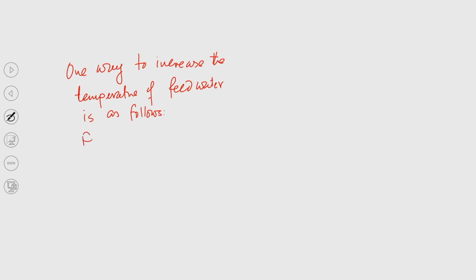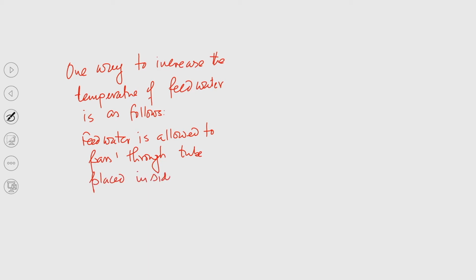So, feed water is allowed to pass through a tube placed inside the turbine.